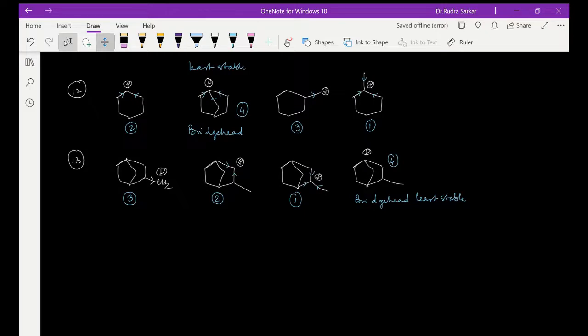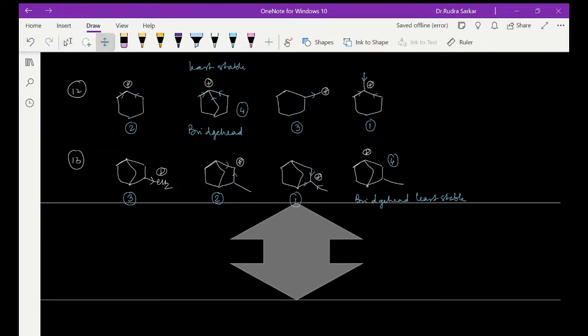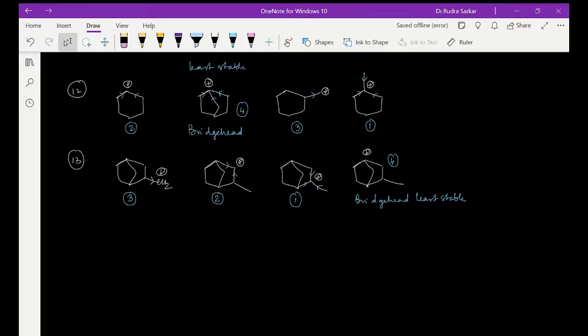Now we are going to study a new topic which will be related to stability of radicals. So what are radicals basically?